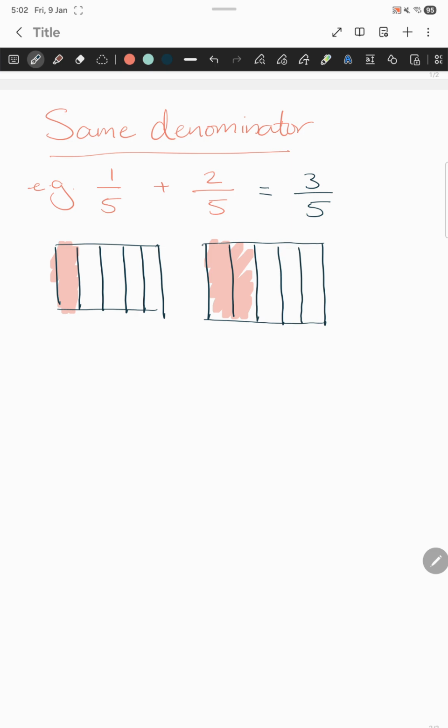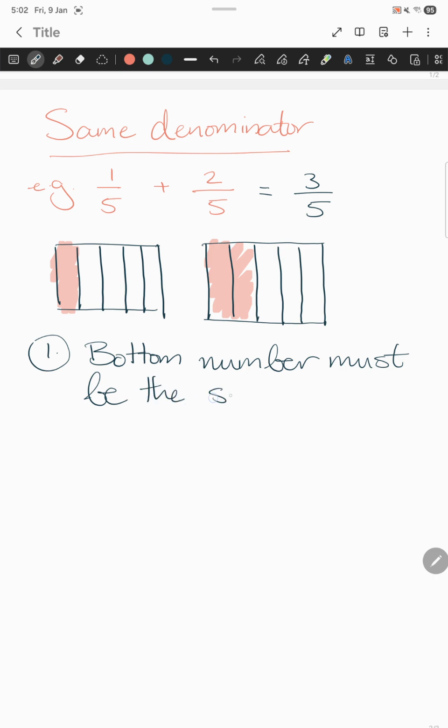So when we are adding or subtracting fractions, one, the bottom number must be the same. And two, we only add or subtract the top numbers.